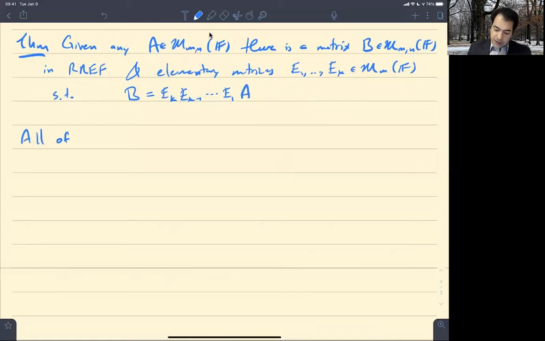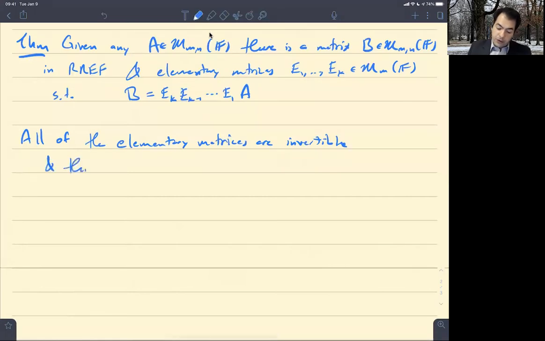So what does that mean about elementary matrices? It says that all of the elementary matrices are invertible. In fact, it says also that their inverses are also elementary matrices.